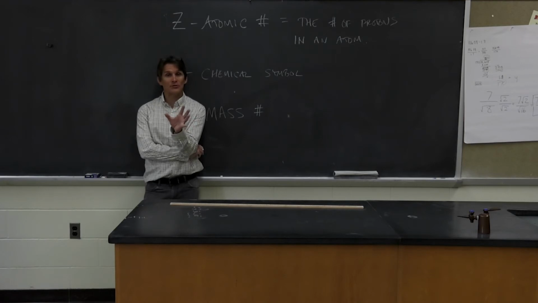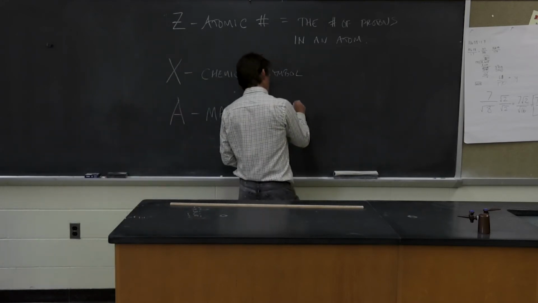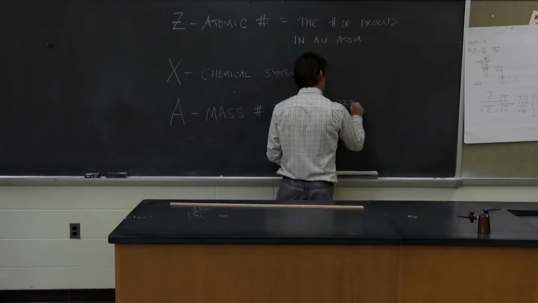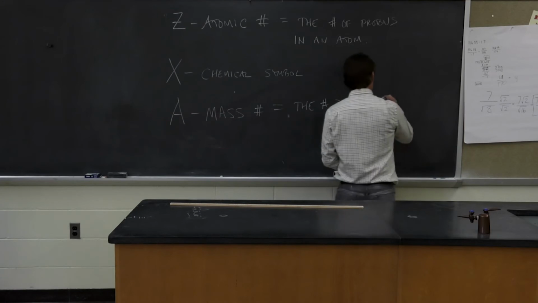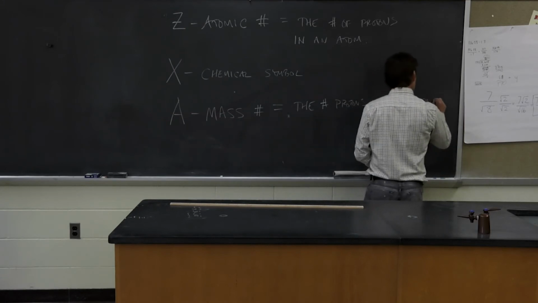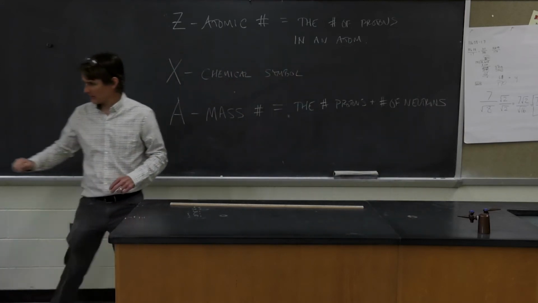So the mass comes from the other stuff, which is the protons and the neutrons. So the mass number is going to be the number of protons plus the number of neutrons. That's going to tell us the mass of the atomic particle we're dealing with.